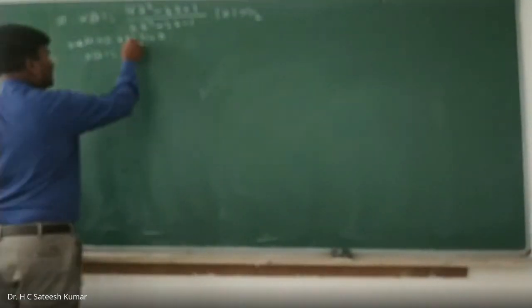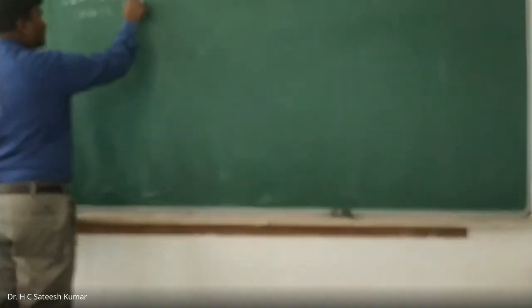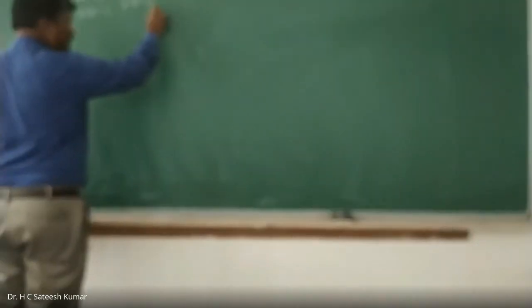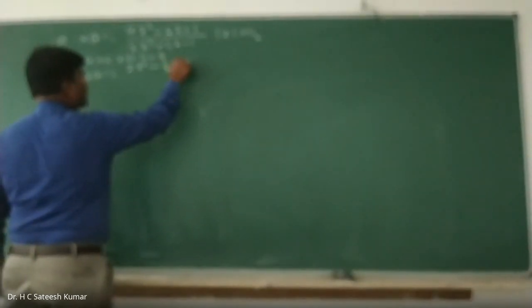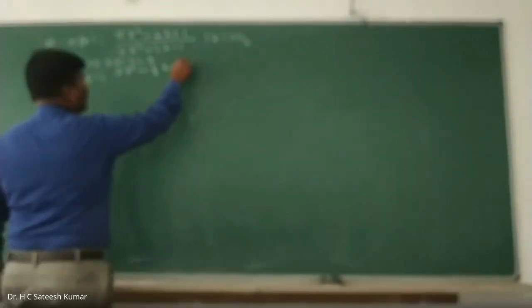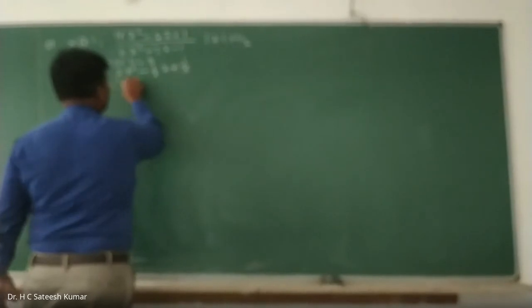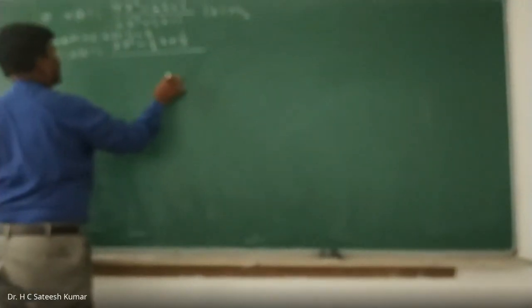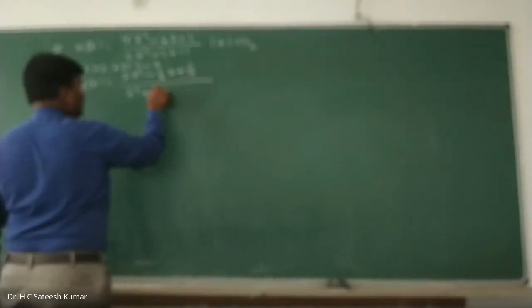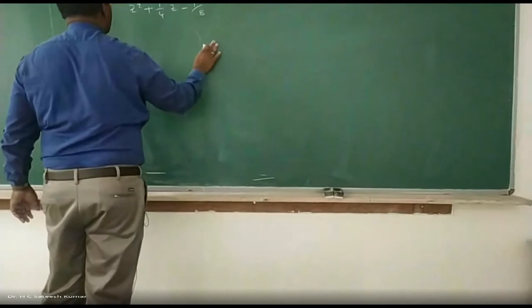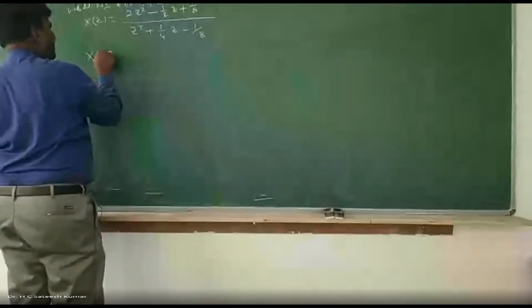Okay. So what is that we have? 2z square minus, 4 by 8 is, 1 by 2 z plus 1 by 8 divided by z square plus 1 by 4 z minus 1 by 8. You will get it. So now you find out the factors for this one.